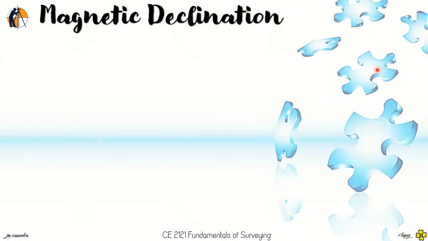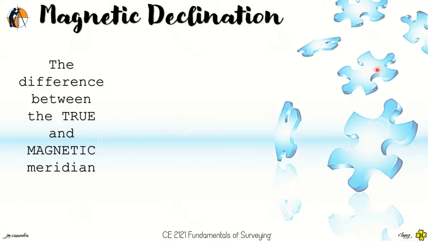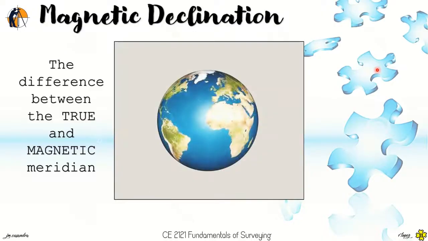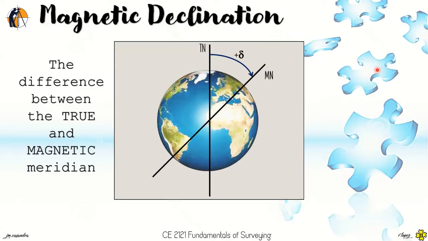This is the relationship between our true meridian and our magnetic meridian. This is computed as the difference of the true meridian and your magnetic meridian. So this is our true meridian. This is our magnetic meridian. So the difference in angle is what we call your magnetic declination, symbolized by the Greek letter delta.